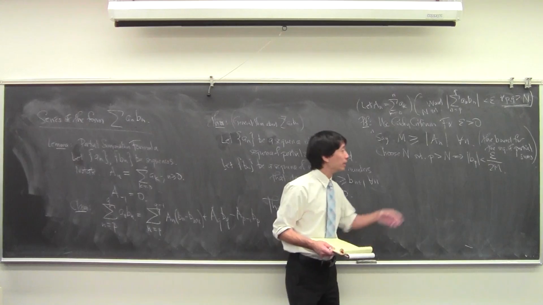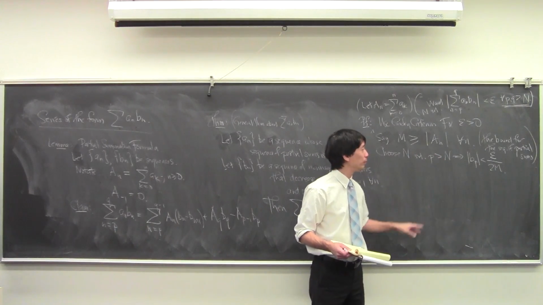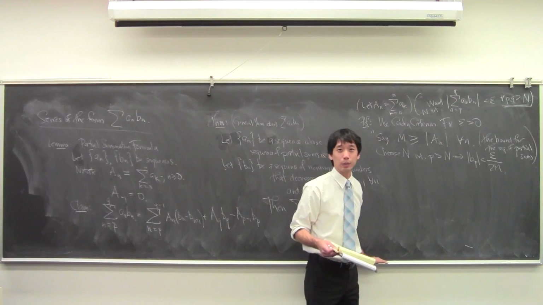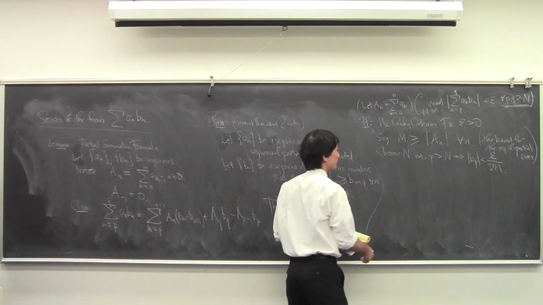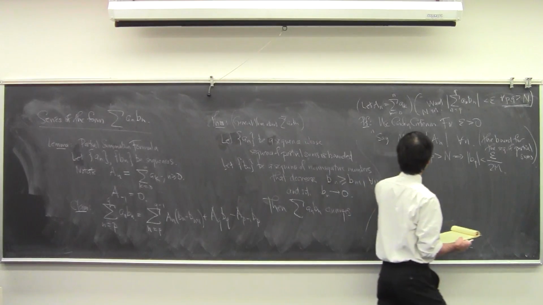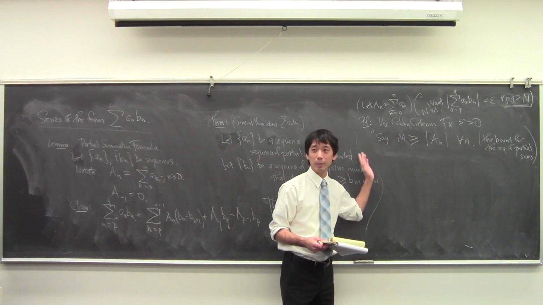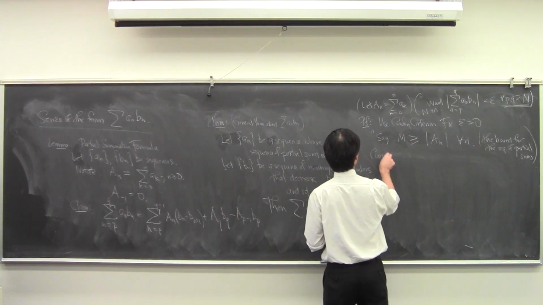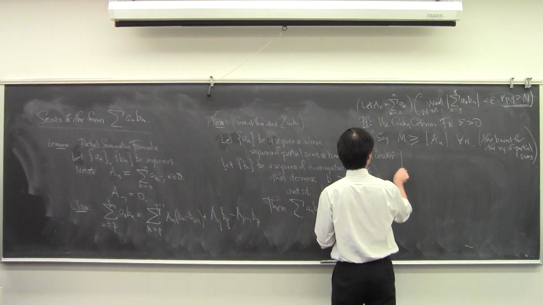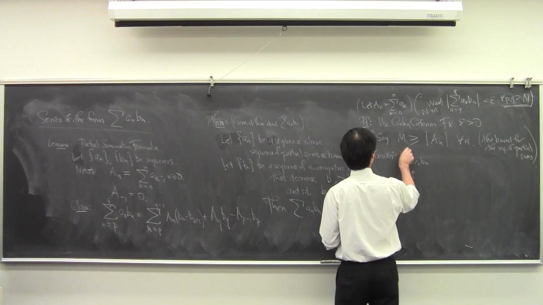Yeah, that should be just pulled out of a hat at this point. But that's what we're going to need. So maybe I'll just hide it for now, and you'll see how it gets forced. You'll see that we actually have to have that. So consider the size of the summation of a sub n b sub n as n goes from p to q.